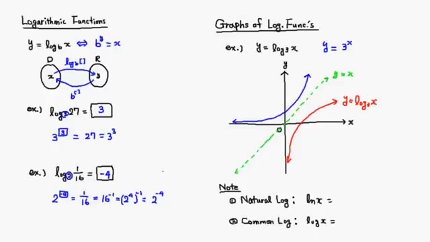Notice that the domain of the exponential function was all real numbers, from negative infinity to positive infinity. The range is, since the entire graph stays above the x-axis, all positive real numbers, from 0 to positive infinity.